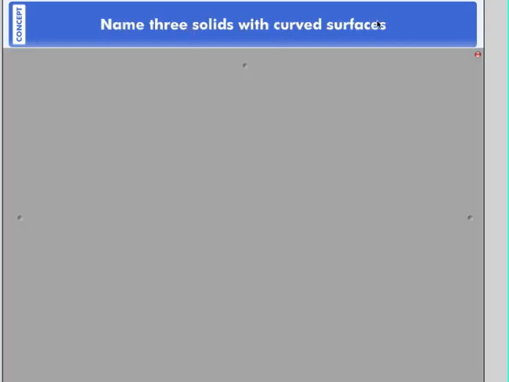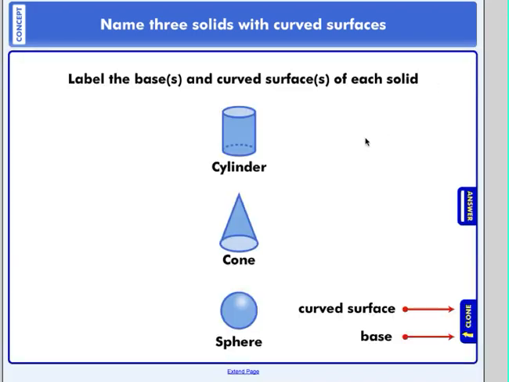Now, can you think of 3 solids with curved surfaces? You maybe thought of the sphere, looks like a ball. Can you think of the other 2? We have a cylinder and a cone. Okay.